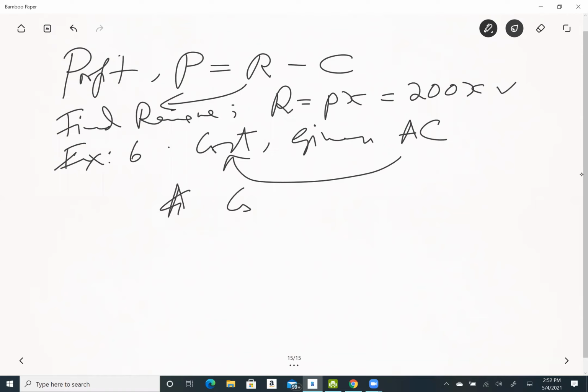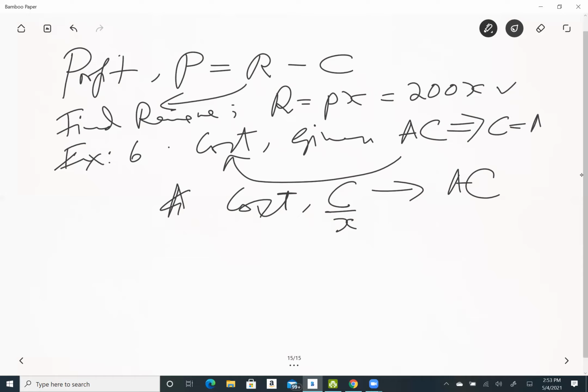If you are given the cost, C, how do you get the average cost? How do you get the average from the total? You divide the total cost by X. Now if you are given the average cost and want to find cost, you multiply. So C is equal to the average cost multiplied by X.